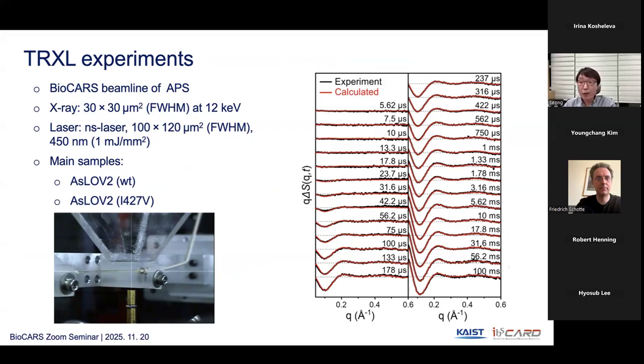The main samples we investigated were wild type AsLOV2 and the I427V mutant, of which the photocycle proceeds faster than that of the wild type. After optimizing the experimental conditions, we obtained beautiful data capturing the time-resolved structural change of the LOV2 domain.